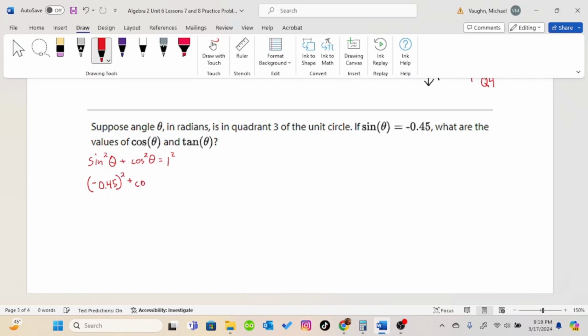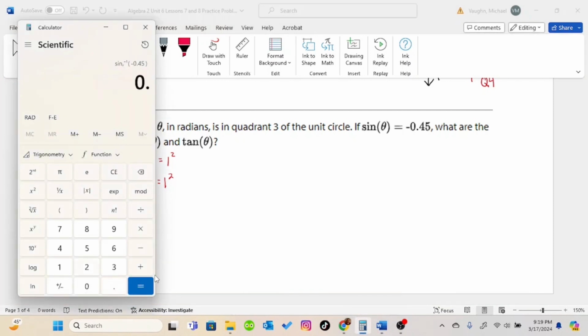I need to find cosine squared. So in a calculator, 0.45 squared is 0.2025.